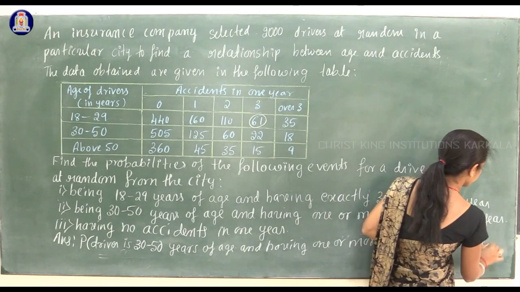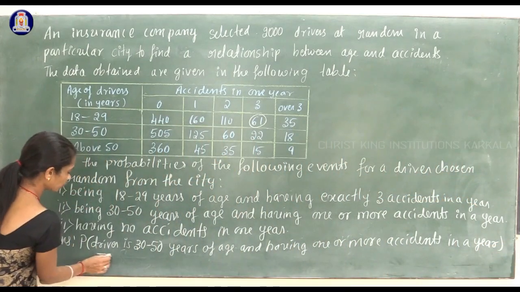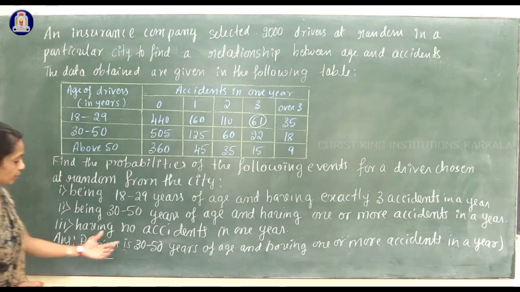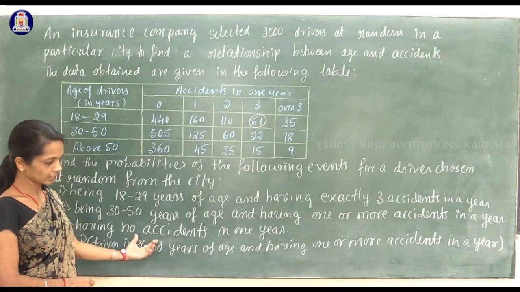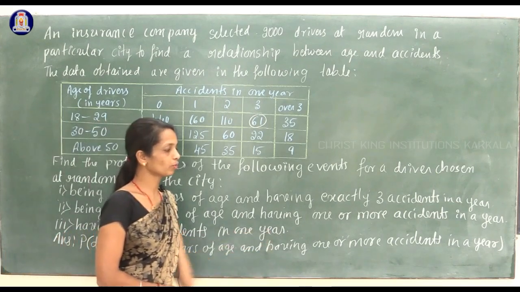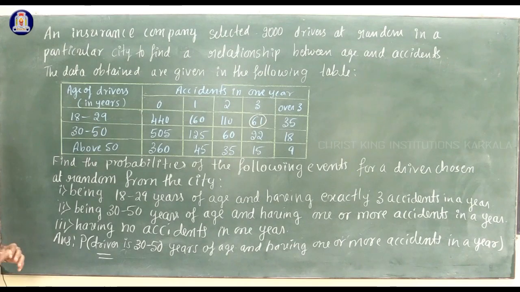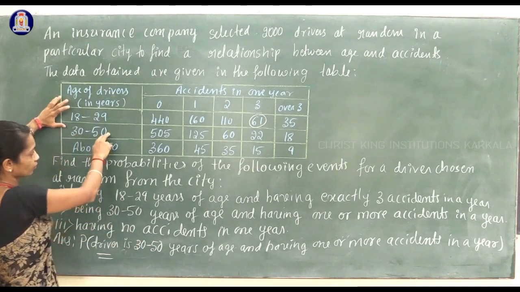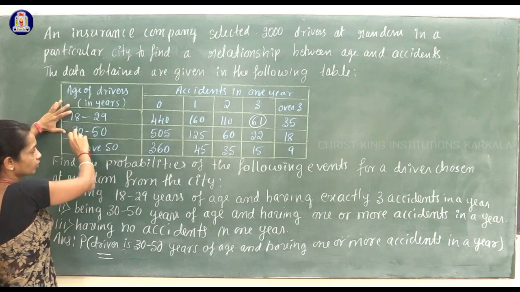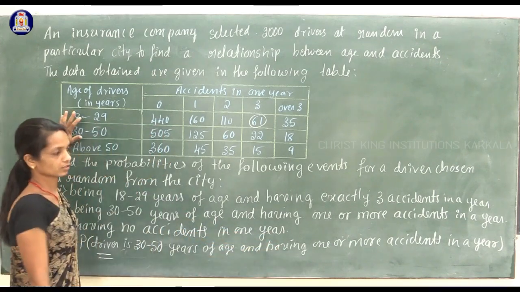For this you have to see the table: how many drivers are between 30 to 50 years of age and have one or more accidents. Having one or more accidents means 1, 2, 3 or over 3. So in the 30 to 50 row, you look at one or more accidents in a year.